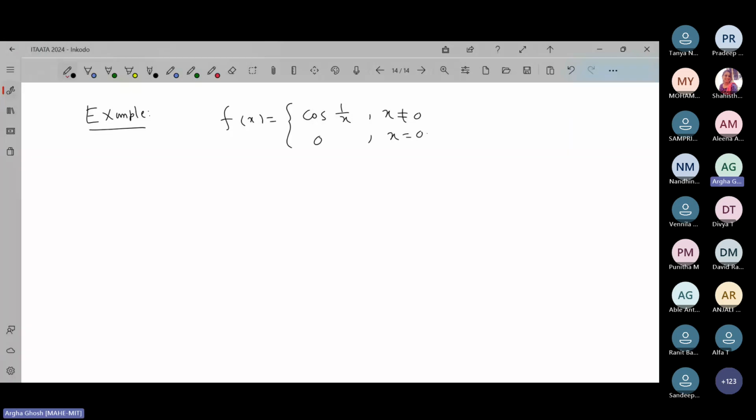Is it continuous at the point x equals 0? Why not? How to prove that it is not continuous? Yeah, we'll use the sequential criterion. Good. So.